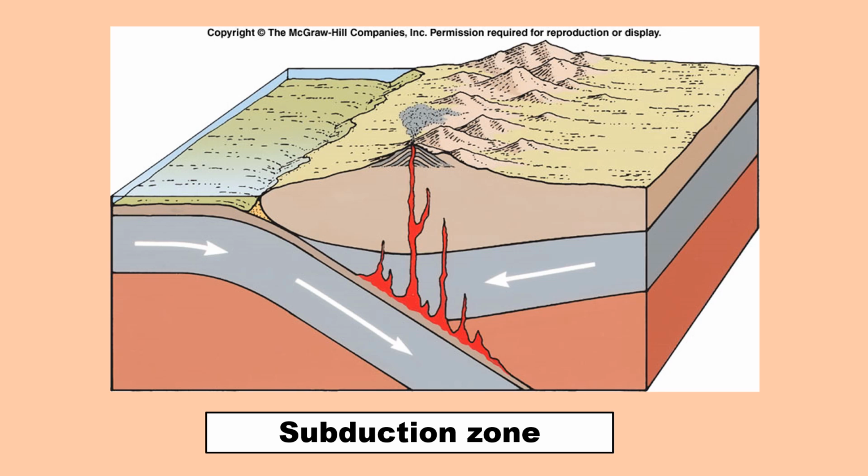One plate is denser and it's subducting below, and then gravity takes over, starts to pull it down. But as it does that, it gets heated and it melts, and molten material comes back up in the mountain forming process of volcanism. That's a subduction zone.